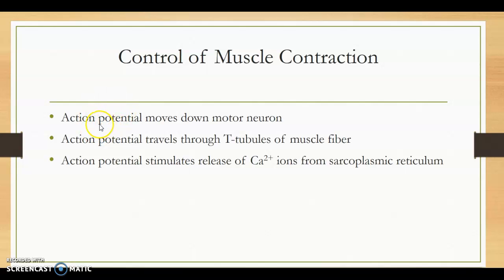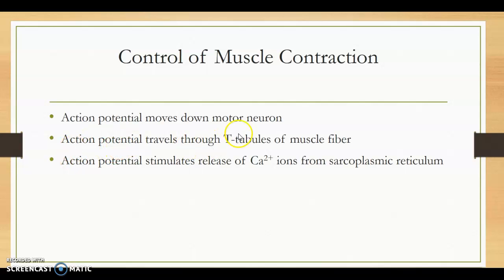We talked about action potentials way back in Unit 2. Remember with the neurons passing, we talked about the sodium potassium pump. We're not going to go into the specifics about that. Basically, an action potential travels down the motor neuron, and then it travels down those T tubules we talked about in the muscle fiber, so it can get to each myofibril.